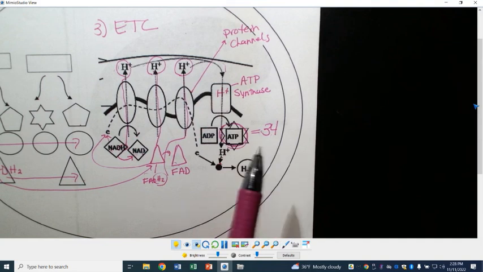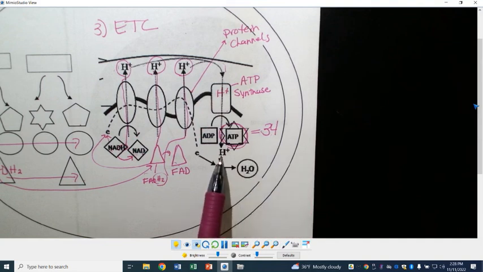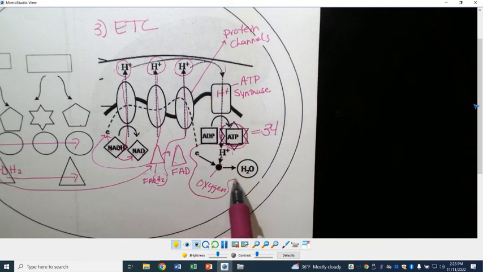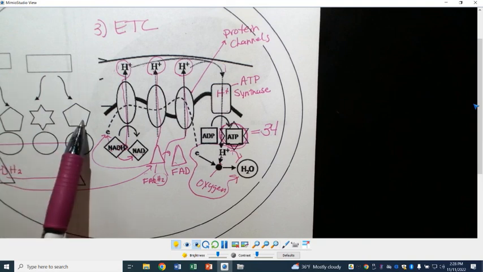Okay? Also, we've got some extra hydrogen here. We take the electron here, and this little guy right here, this guy's actually oxygen. So if we have hydrogen, if we have some electrons, and we have oxygen, we make water, which is the third, because we now have three products. We have the carbon dioxide, right?